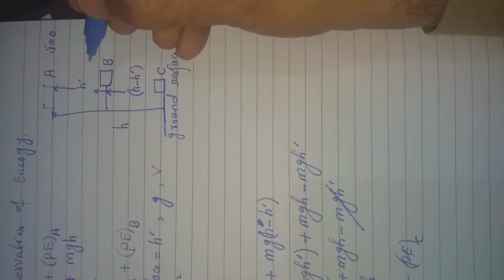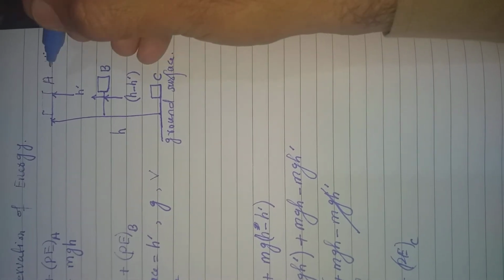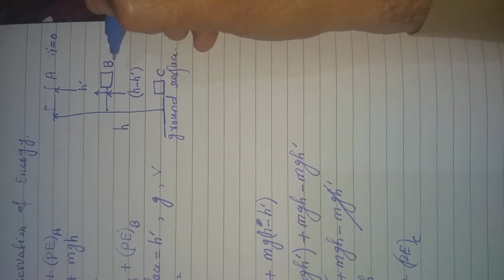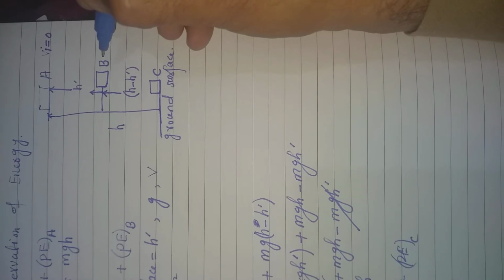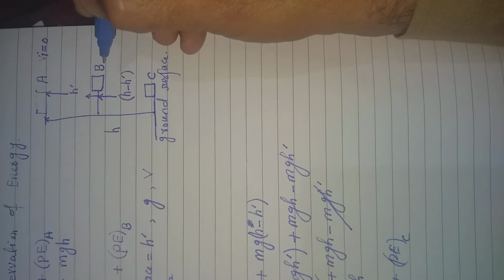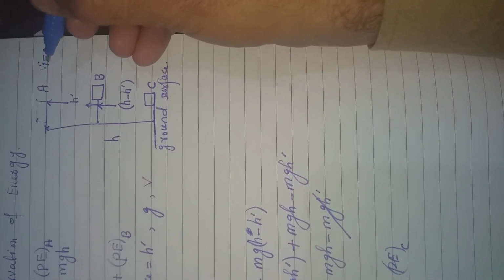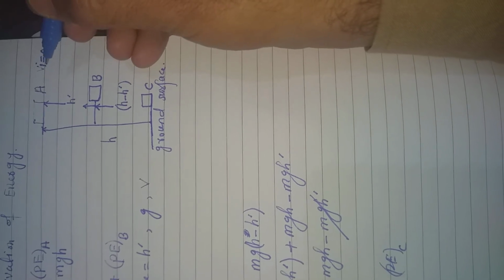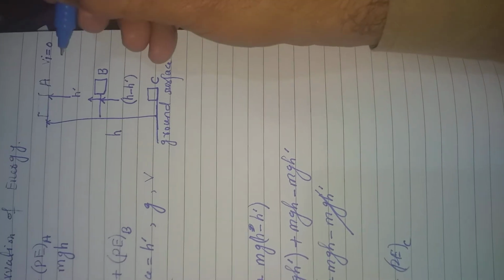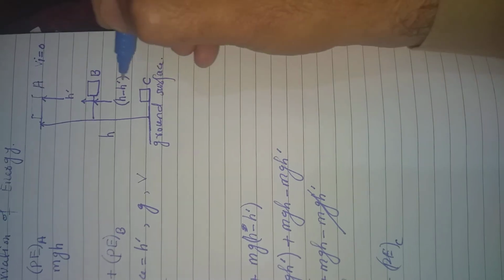From point A, the object was moving towards point B, so we take the initial velocity as 0 at point A, but at point B it was V. We derived that at point B the total energy was mgh, and at point A it was also mgh, because there was complete potential energy but no kinetic energy, because of initial velocity 0.